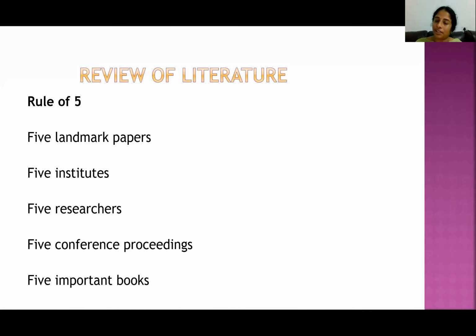Then 5 researchers. Like I said, if you're writing a proposal on NCD risk factors or coronary artery risk factors, you must quote Salim Yusuf. If you're a psychiatry postgraduate doing a study, you should have at least one article by Vikram Patel. Don't get flustered by all these names.